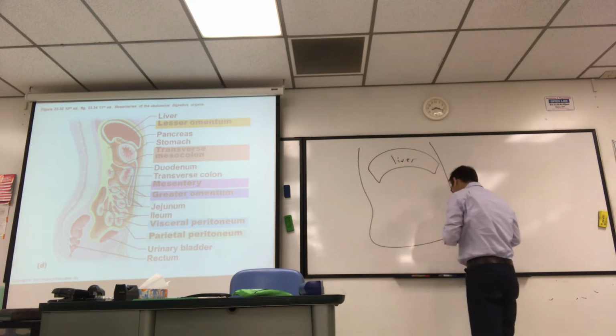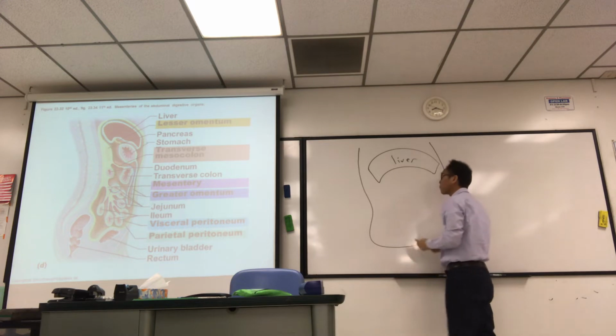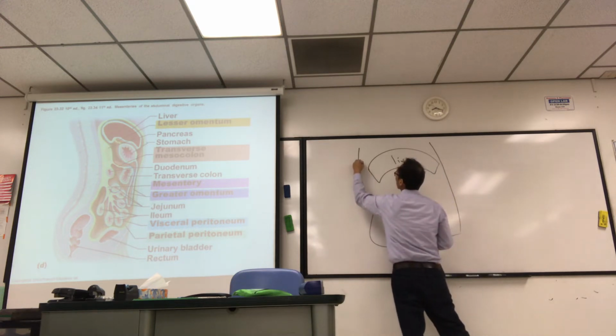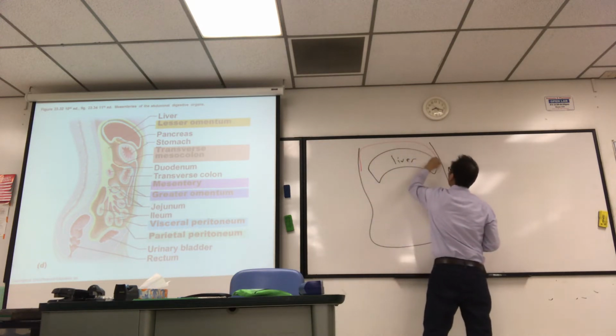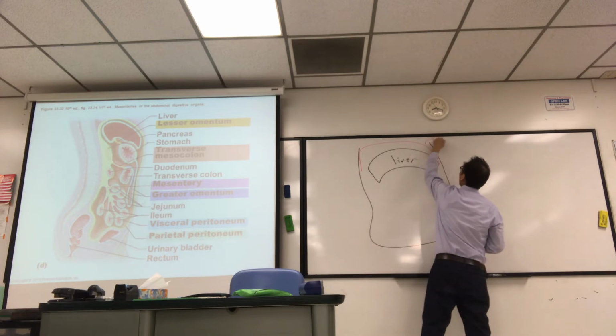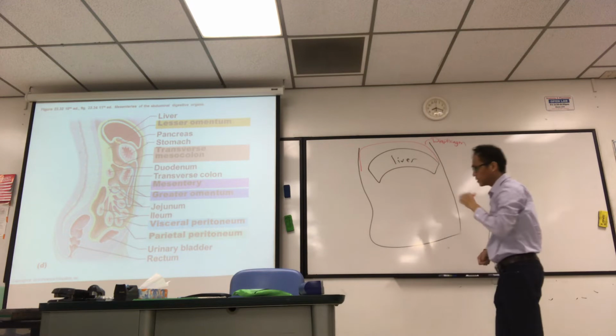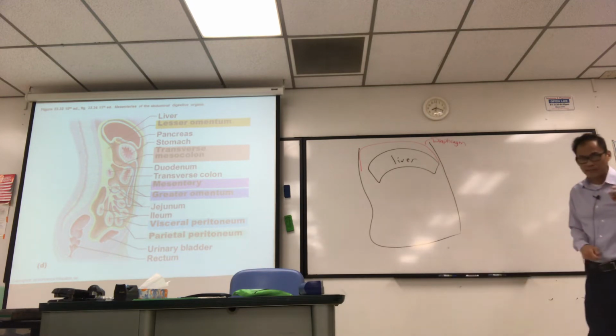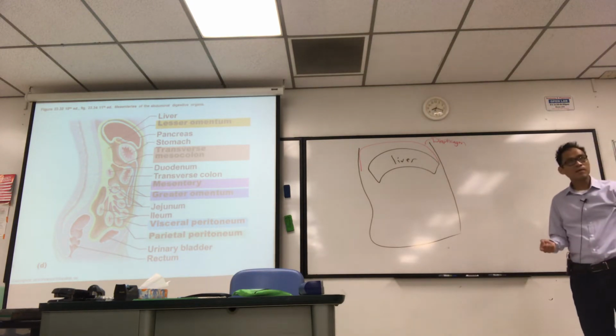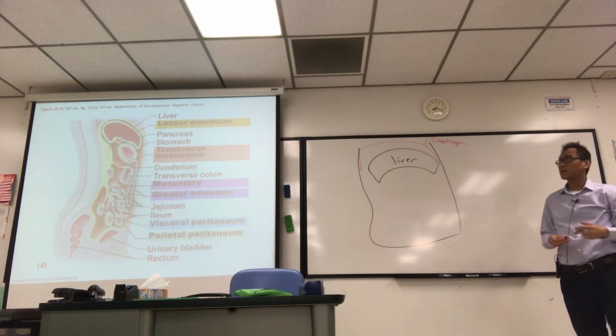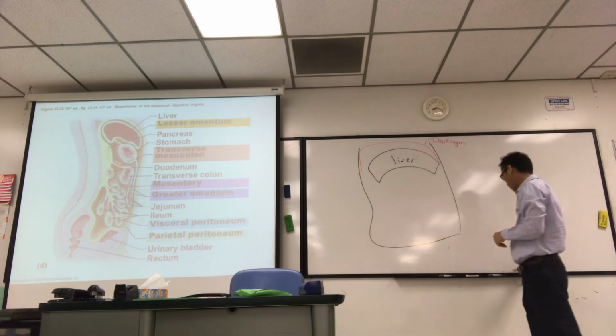The liver is underneath the muscular diaphragm. The diaphragm is a physical membrane that separates the thoracic and abdominal cavities where most of the digestive tract organs are. Underneath the liver, you got stomach.